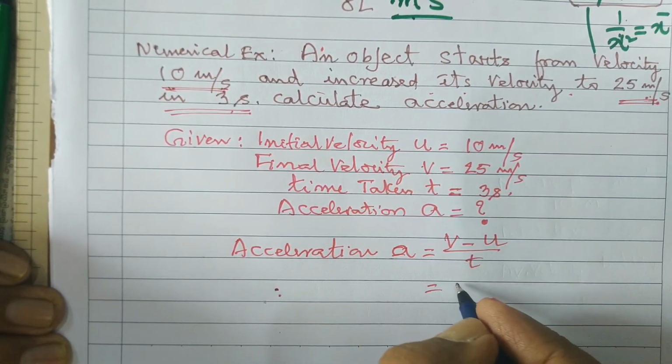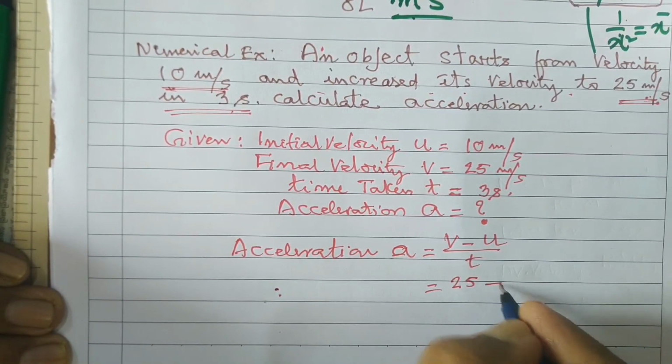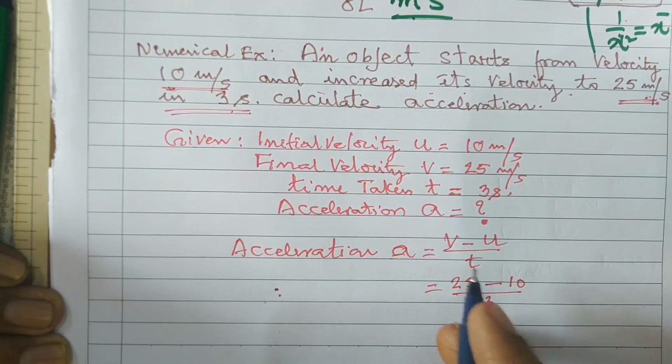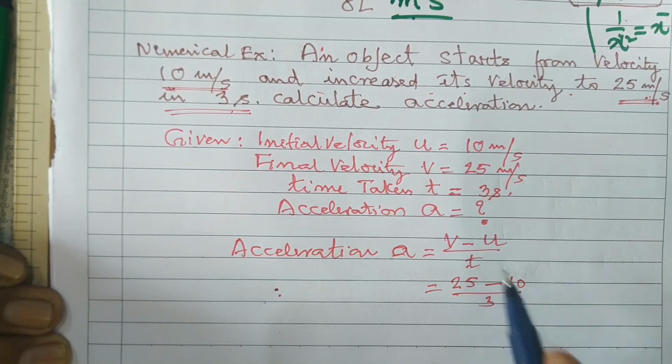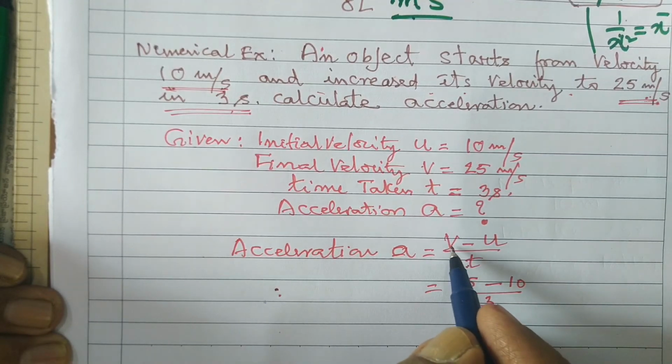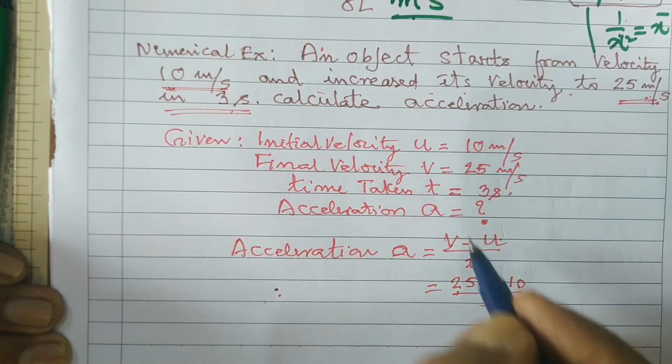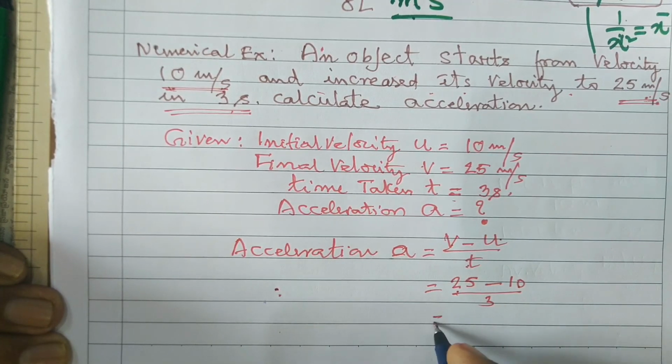So v is 25 minus u is 10 by t. t is 3. Just you see that t is equal to 3. I would like to tell you once again, v 25 I have written, u 10 I have written, t 3 I have written. That is equal to 25 minus 10, which is 15 by 3.